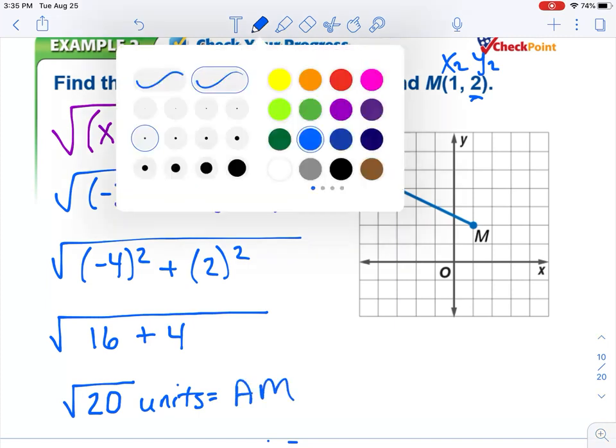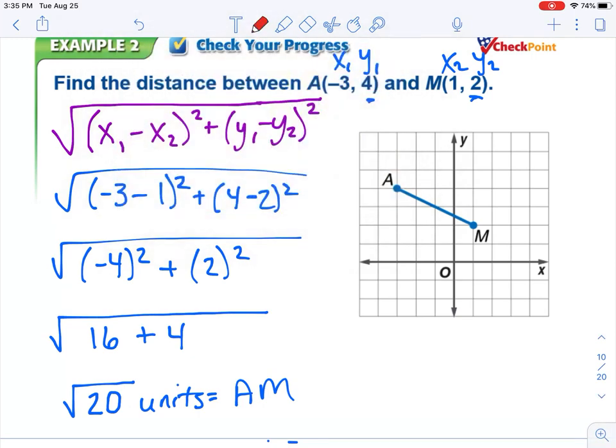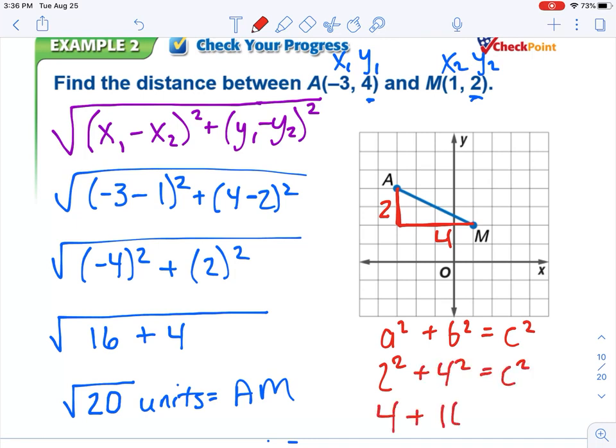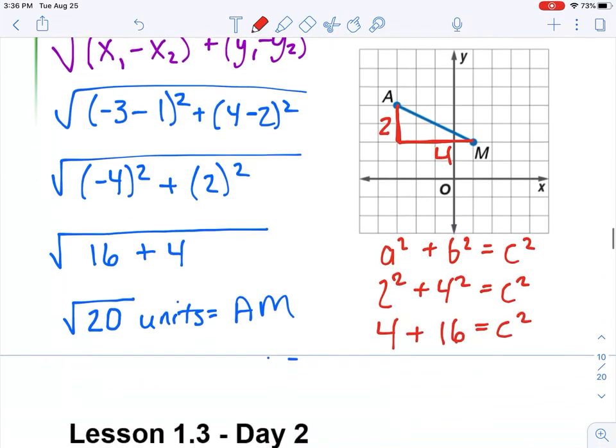I want to show you real quick that by doing the Pythagorean theorem, we would get the same thing on our graph here. So I created a triangle. The distance to our right angle is 2. And 4 here. So we have a squared plus b squared equals c squared. So 2 squared plus 4 squared equals c squared. 4 plus 16 equals c squared. 20 equals c squared.